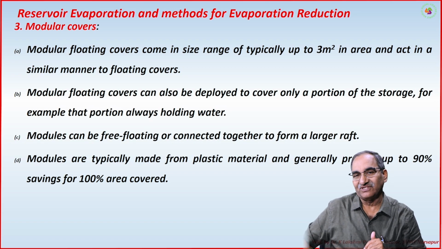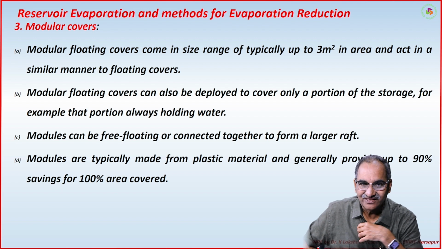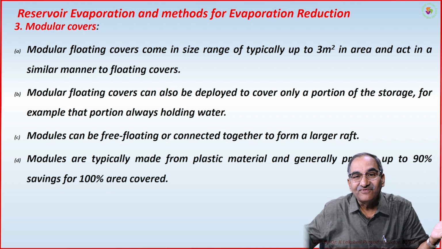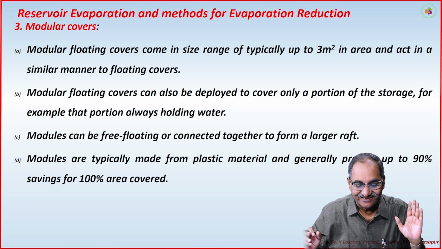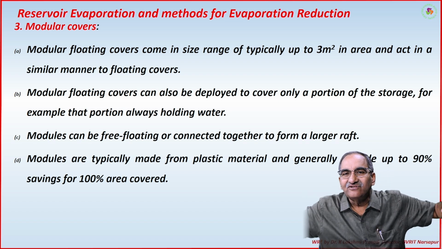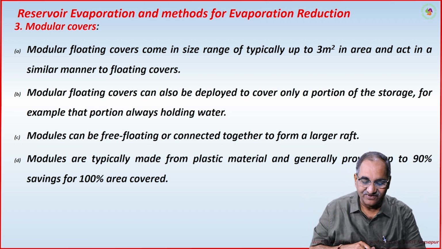Then modular covers. To overcome the difficulty of the previous one, we use modular covers. Modular covers means the size of each plastic cover is smaller. We take different plastic covers and arrange them on the water surface of the reservoir.